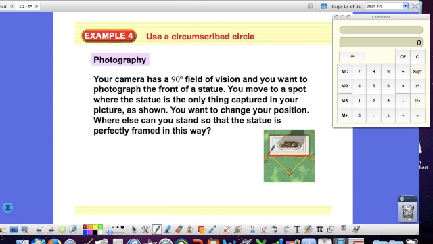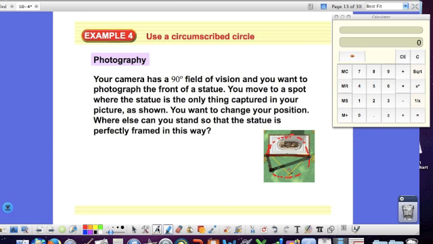Okay? So if we could create a circle, this is a point on the circle. You could stand at other points on the circle that measured in your diameters.